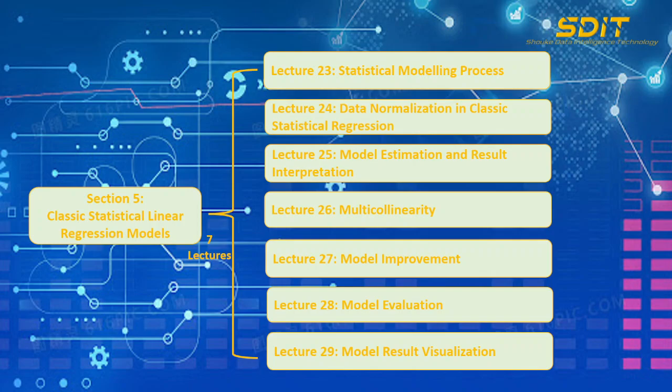In lecture 26, we will learn about the problems of multicollinearity and how to find it and how to fix it. In lecture 27, we will improve the model based on the problems we found.